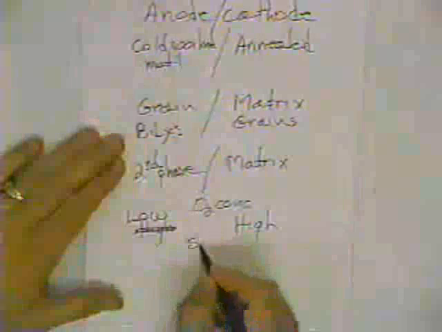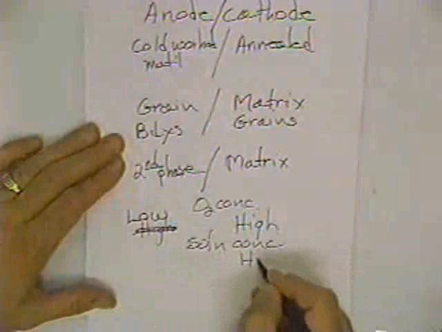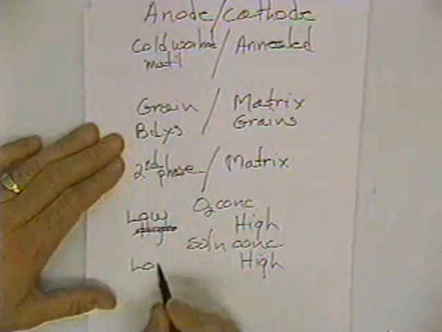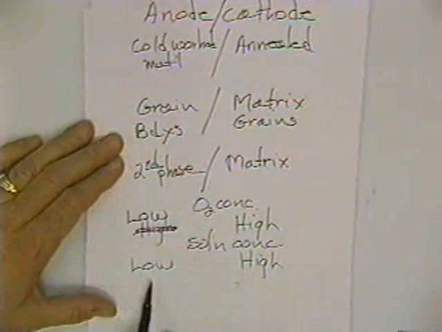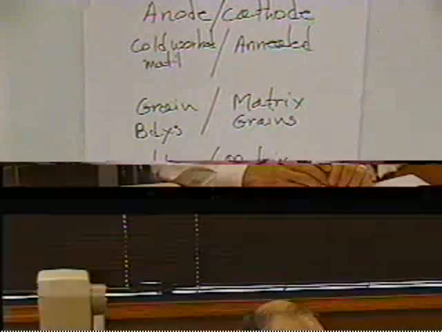And similarly, solution concentrations can do the same thing. If you have a solution concentration that's high on one part, lower on the other part, the high side will be cathodic, the low concentration will be anodic. So there's a variety of different ways that you can develop anodes and cathodes.